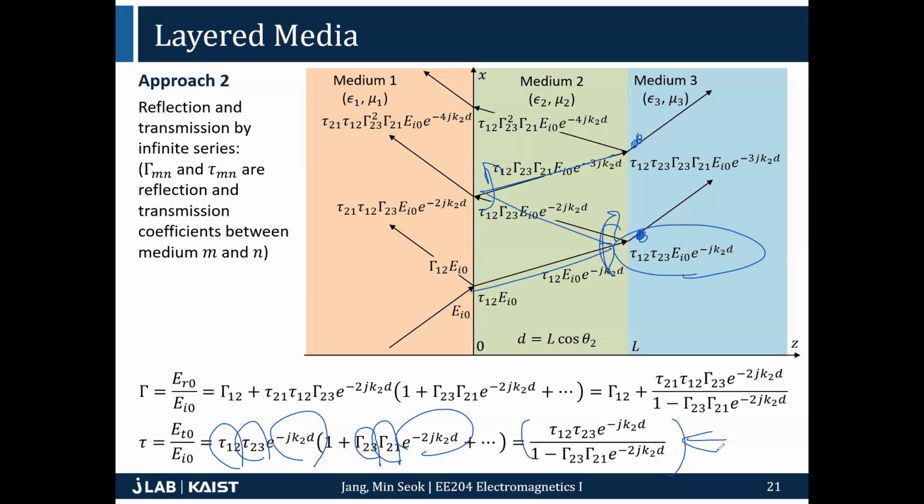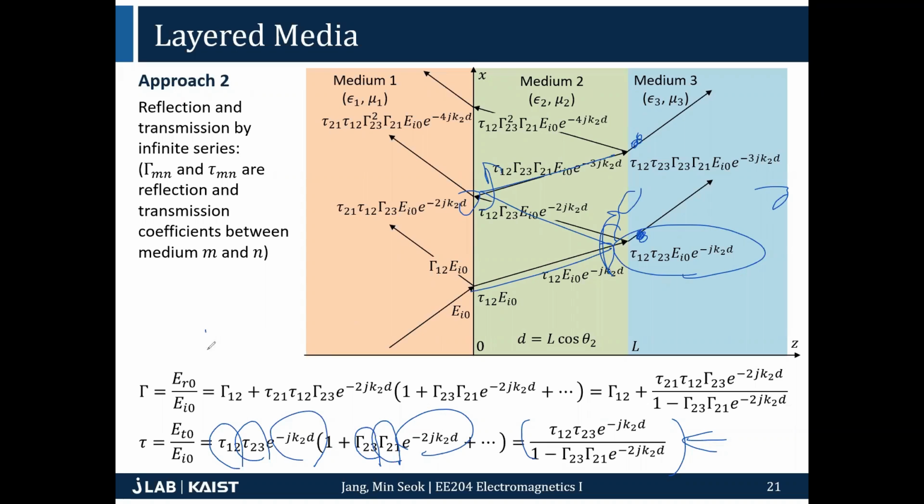Okay. But of course, as you realize here, this method is already a little bit too complicated, right? If somebody asks you to obtain the transmission and reflection for a double layer thin slab, then you end up having 3 interfaces, and the problem becomes infinitely complicated, right?